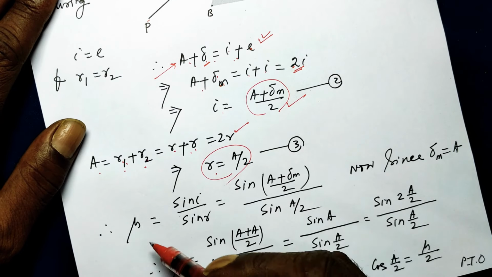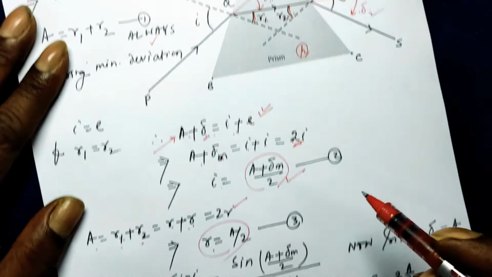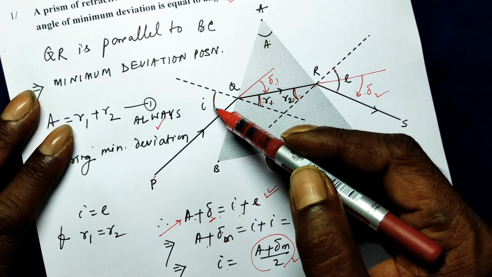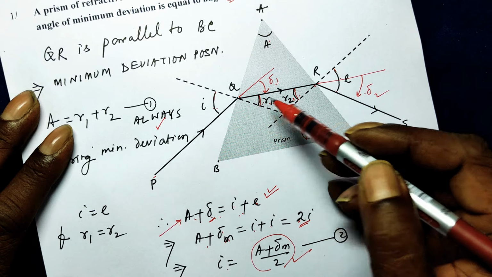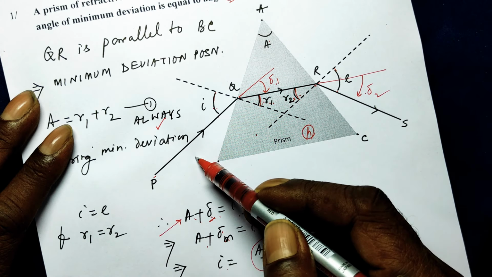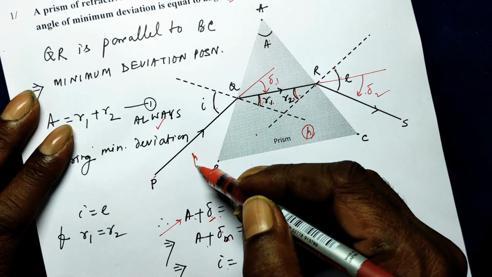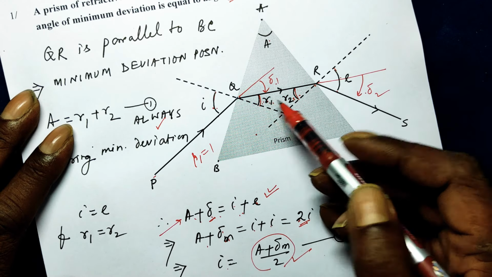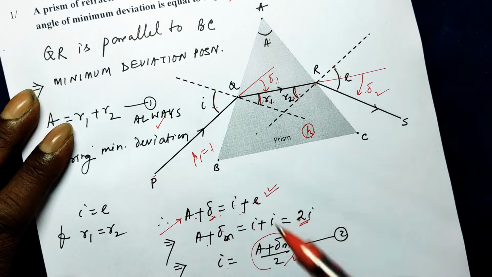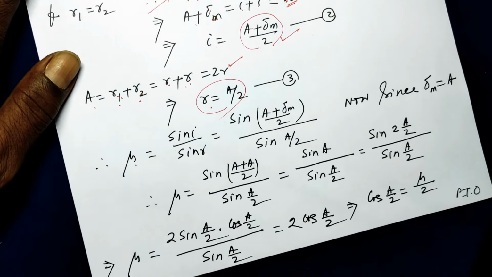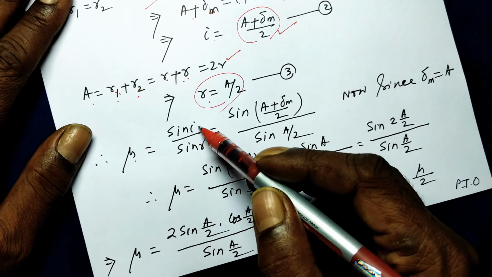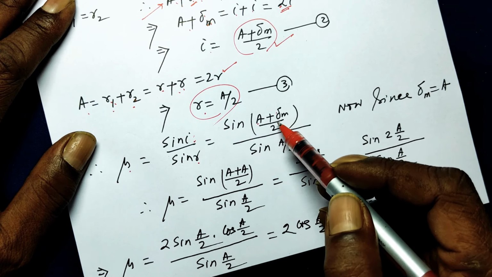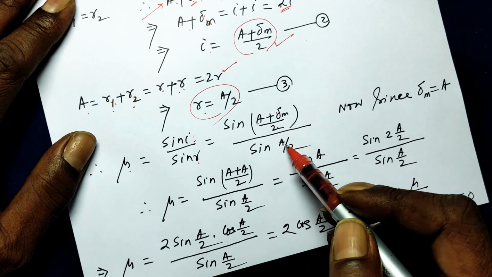Now if you apply Snell's law, either here or here, sine I over sine R1 will be mu of this medium by mu of this medium. Since this is equal to 1, sine I over sine R1 will be mu over 1, that is mu. So mu is equal to sine I over sine R. I just calculated I as A plus delta M over 2, R I just calculated as A by 2.